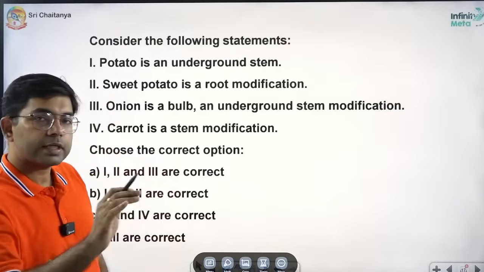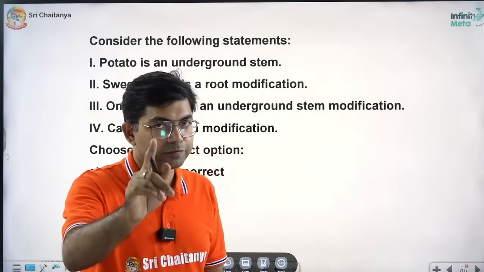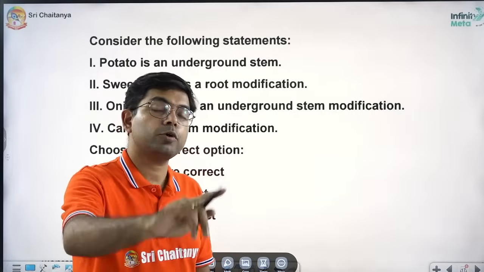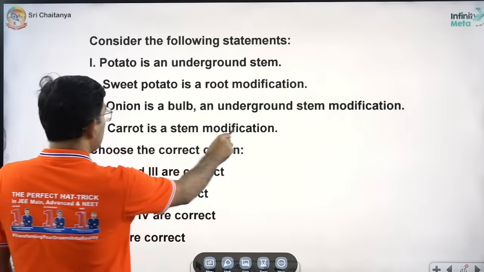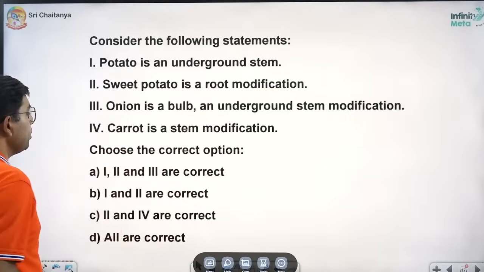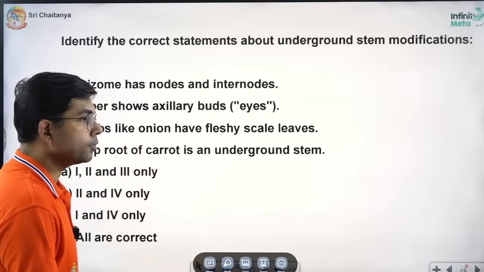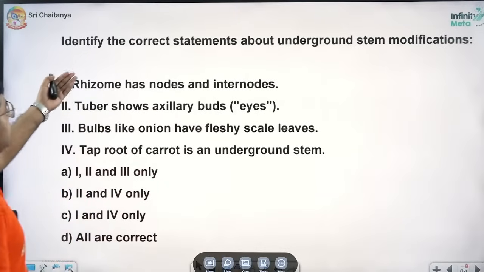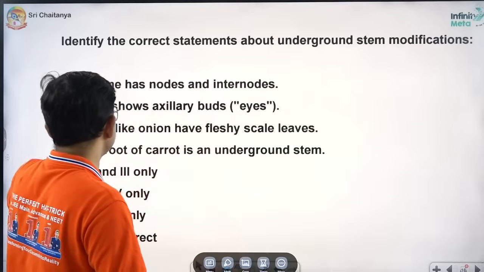It is a root modification. We have seen carrot and turnip root modification, but taproot modification. So this is wrong. Rest 1, 2, 3 are correct. Fourth is wrong.